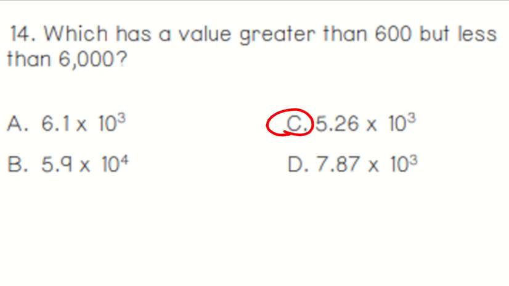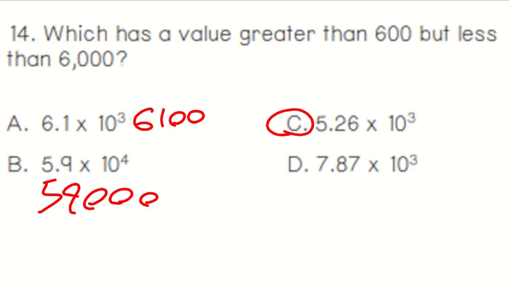All right, so 6.1 times 10 to the 3rd, that's going to be 6,100. That's too high. 5.9 times 10 to the 4th. I don't know why I wrote a 4. Oh, because of the exponent, I guess. That's not how that works. 5, 9. That's 59,000. The 5.26 times 10 to the third, that's going to be 5,260, which is between 600 and 6,000.